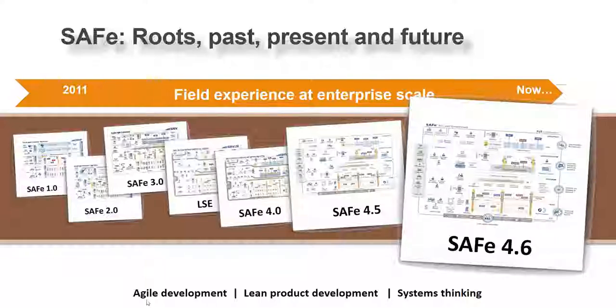If you look at the bottom here, we see what it is based on. It is based on agile development. It has taken best practices from lean product development, and it talks about systems thinking. So currently the latest version that is out there is the SAFe 4.6 model.